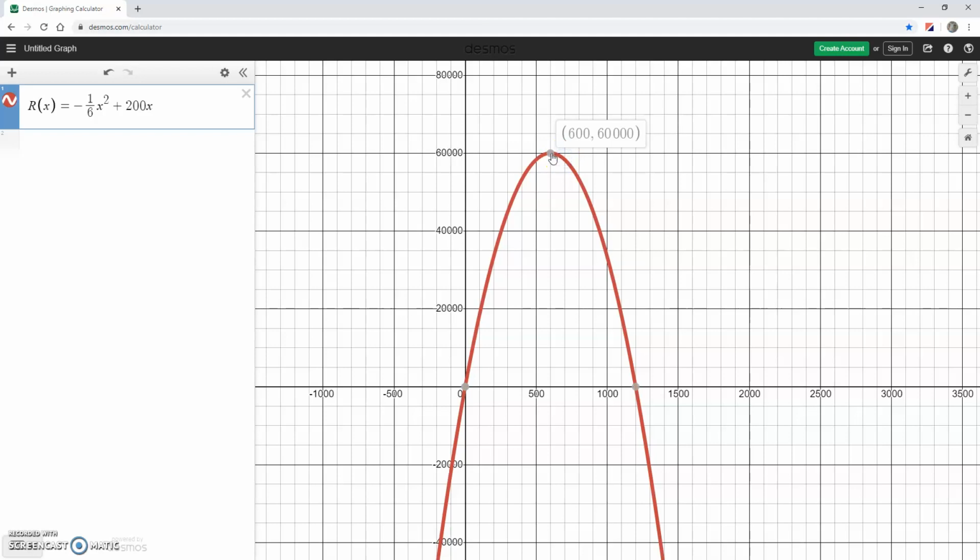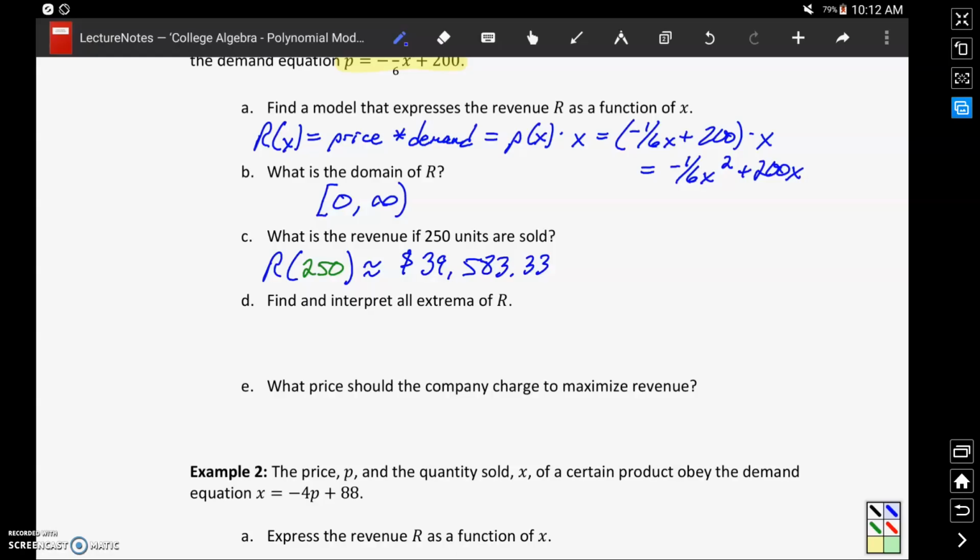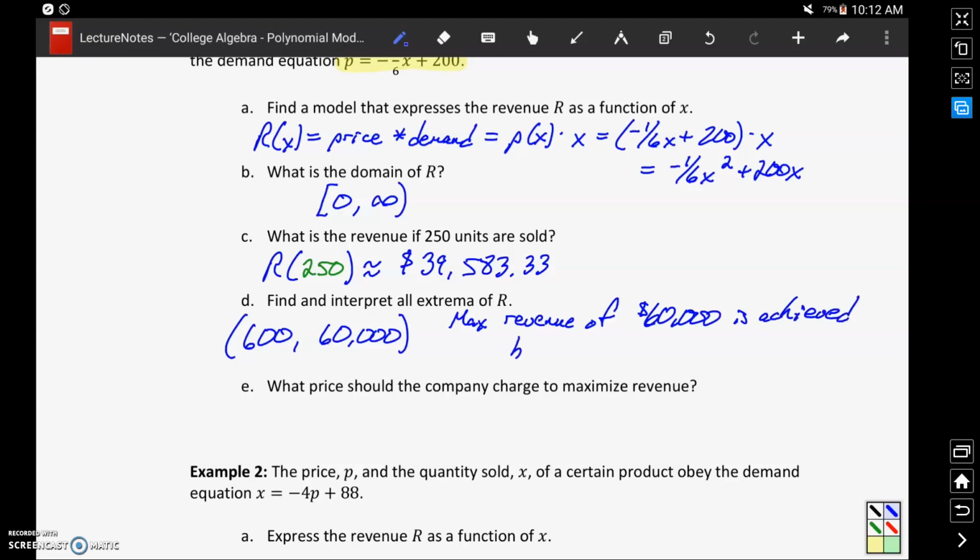And clicking on our graph will reveal that the absolute maximum is occurring at the point 600, 60,000. Which tells us that our maximum revenue of $60,000 is achieved by producing and selling 600 units.